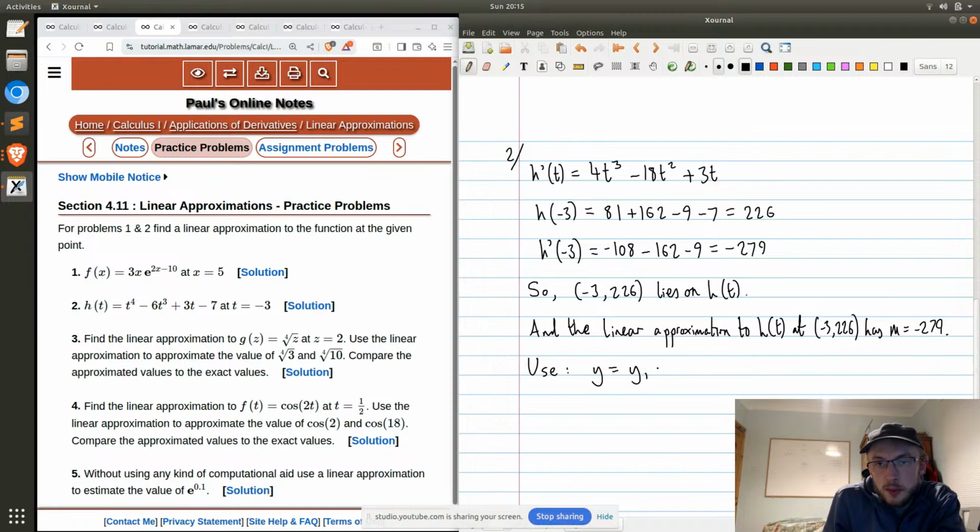Use y equals y1 plus m times x minus x1 and just plug everything in. So 226 plus, that should actually be minus 279, times x minus minus 3, so plus 3.